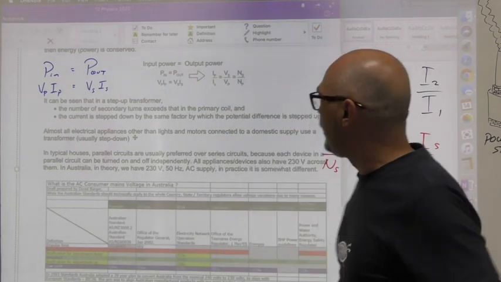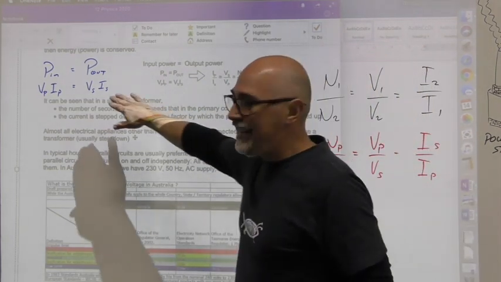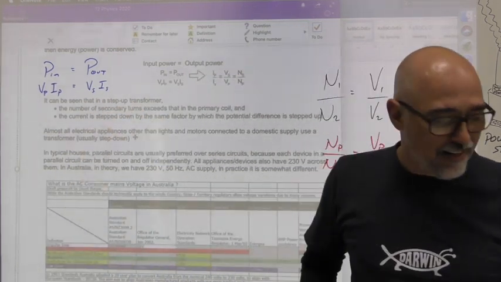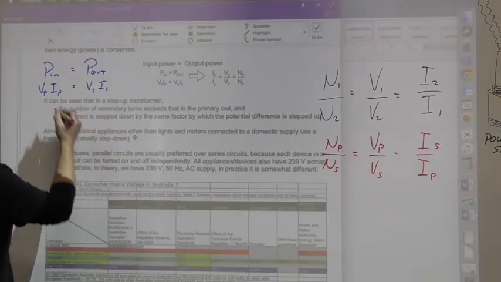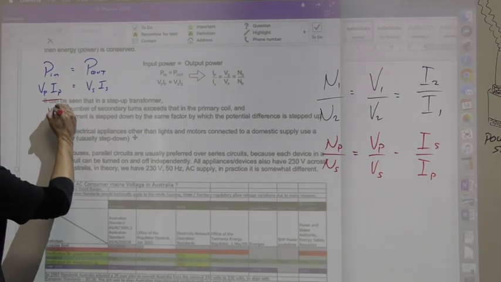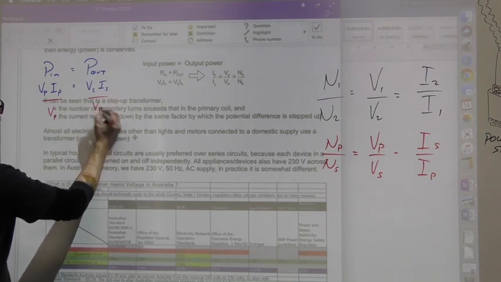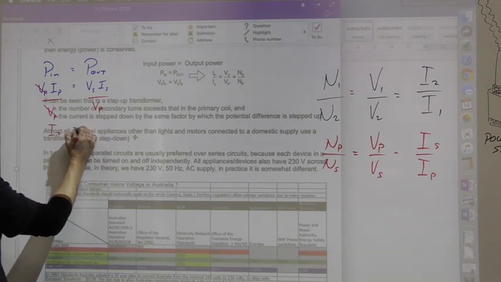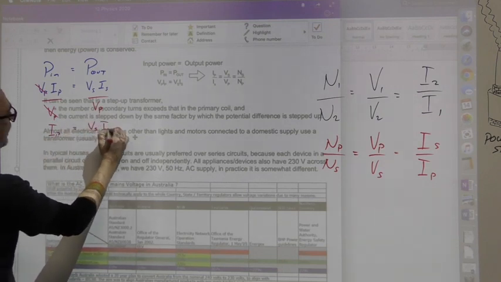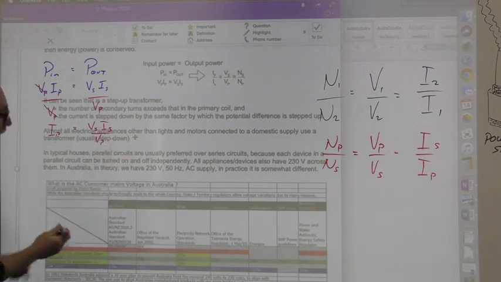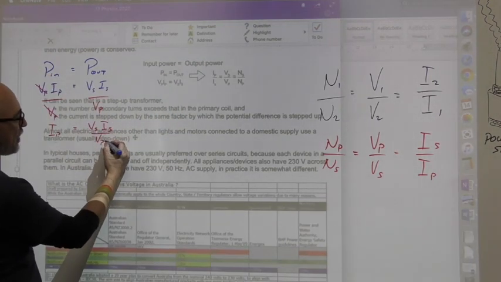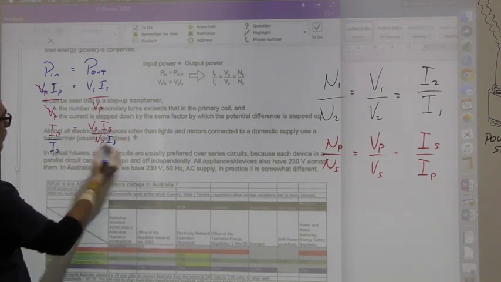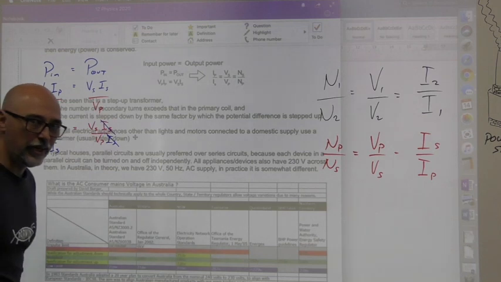All right, so if you take that result and do a little maths to it, divide both sides by voltage primary, I end up with this: current primary is equal to voltage secondary times current secondary over voltage primary. Then divide both sides by current secondary. What do I get?